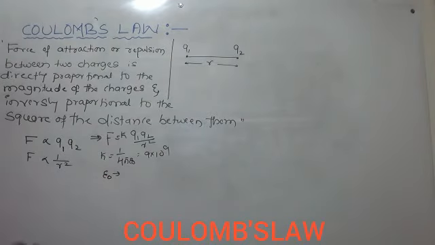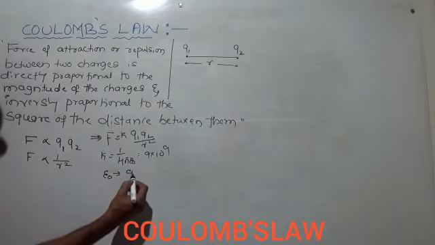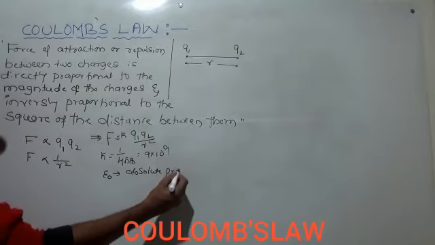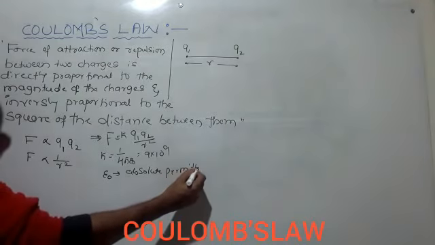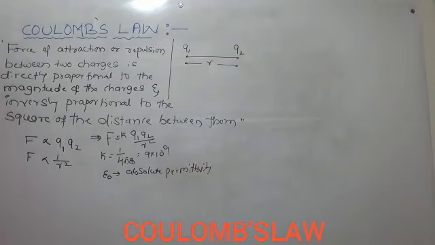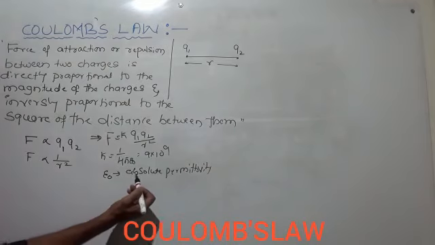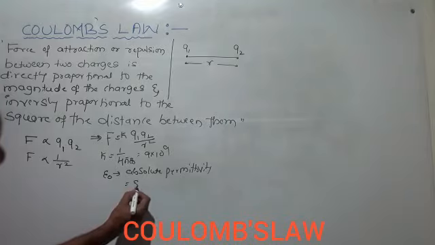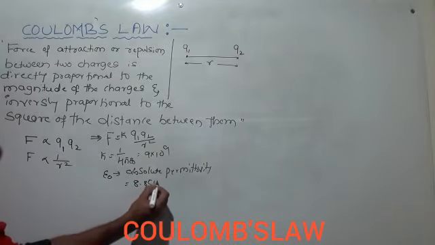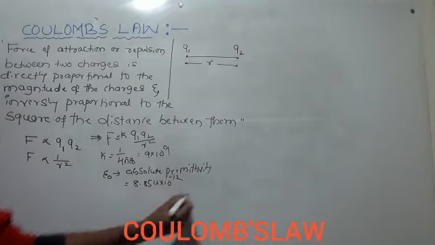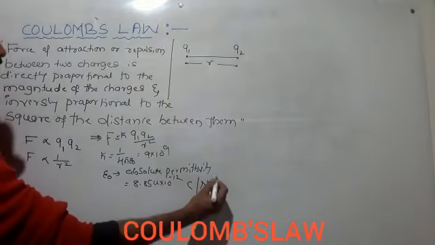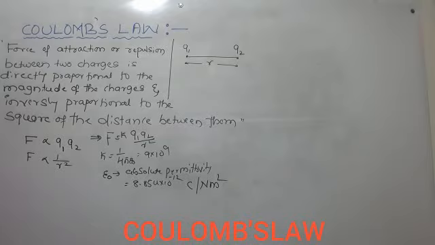Epsilon naught is the absolute permittivity, that is permittivity for free space or vacuum, and its value is nearly equal to 8.854 into 10 raised to minus 12 coulomb square per newton per meter square. So that is the value of epsilon naught.